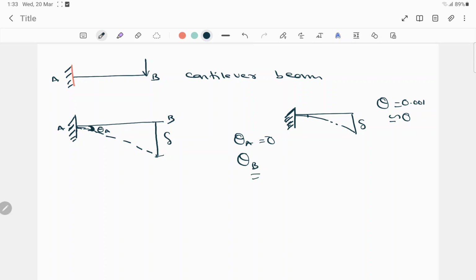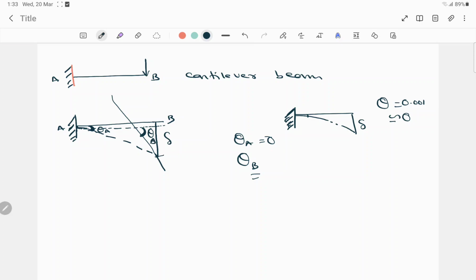Suppose the deflection is here, so we have to draw a tangent from this point, and the slope for a will form somewhere here, so we have to draw a parallel line here. Okay, so here we'll get this angle, right? This angle is nothing but slope at b.